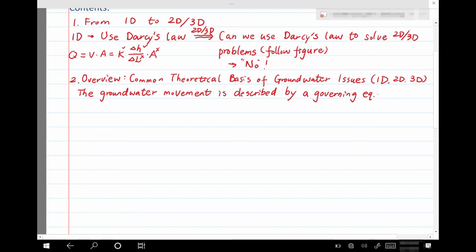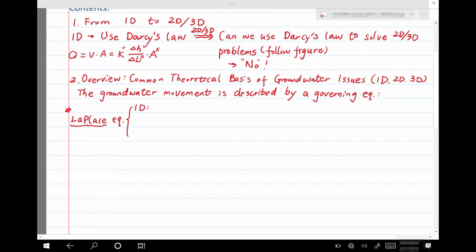So the governing equation governs the movement of the groundwater. And the name of this equation is called the Laplace equation. So please make sure you know this name, Laplace equation. This is required. And for the Laplace equation, I can write down the equation for 1D, 2D, and 3D cases.